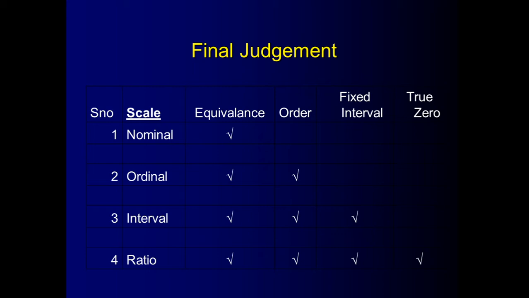In many software, they will show nominal, ordinal, but not the other two, interval and ratio. Instead, most software programmers display nominal, ordinal, and the last two put together named as scale.